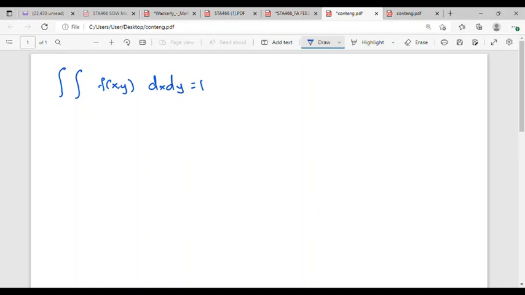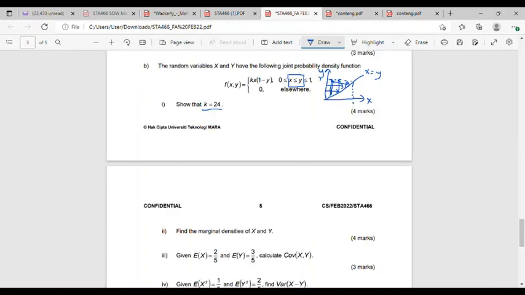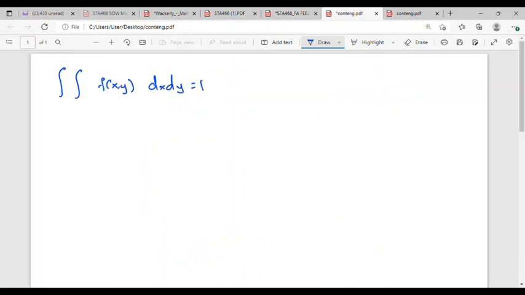So where do we integrate from and to? Okay, dx dy. So x is from 0 until y, and y from 0 until 1.